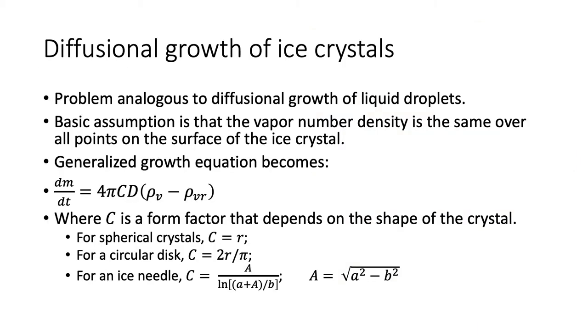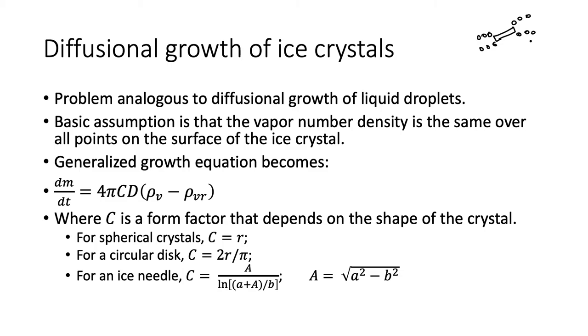Okay. Now, when you want to study the diffusive growth of ice crystals, meaning you start with some ice crystal here, and how vapor molecules can attach and help this crystal to grow in shape, this is a very similar problem to what we saw for the liquid droplets.